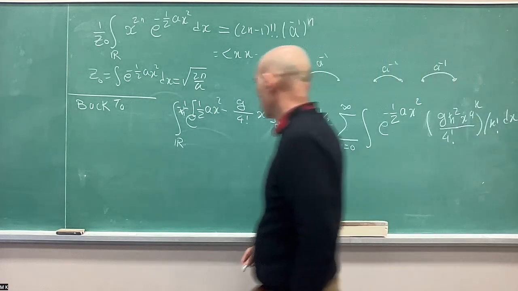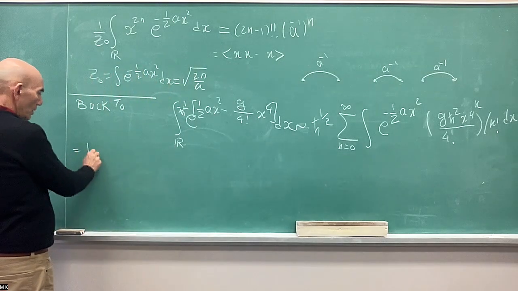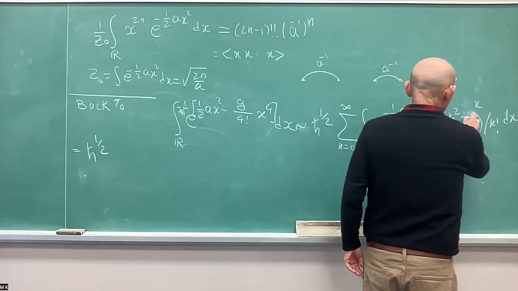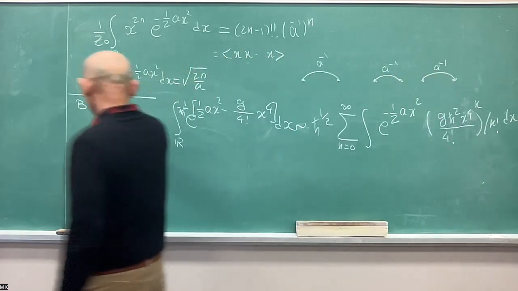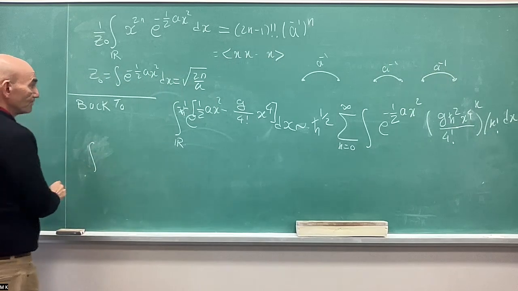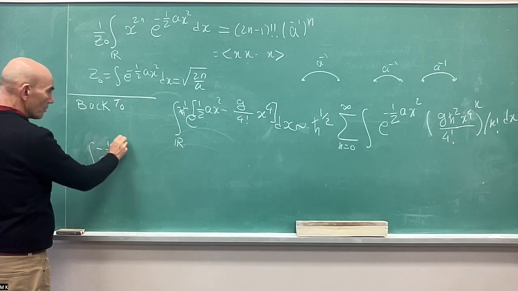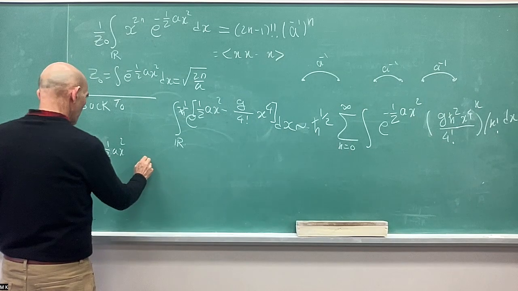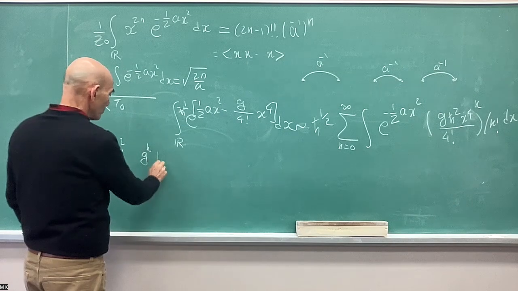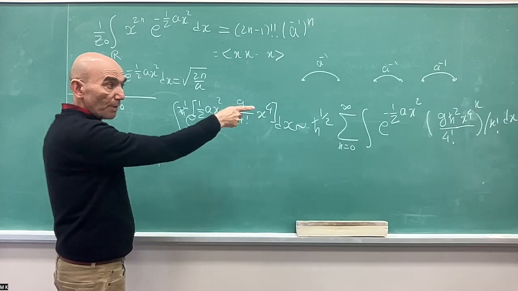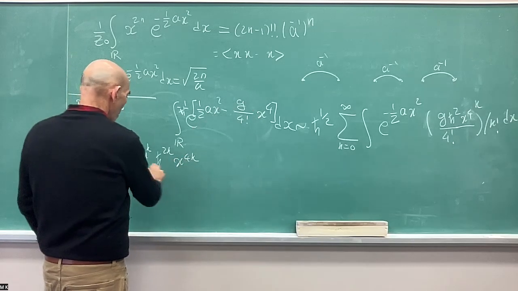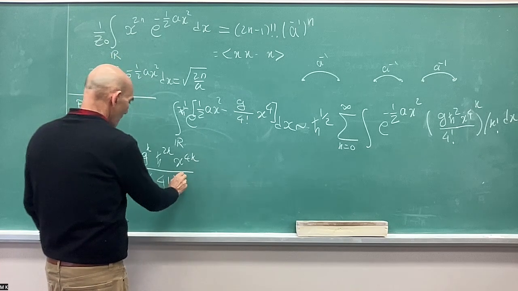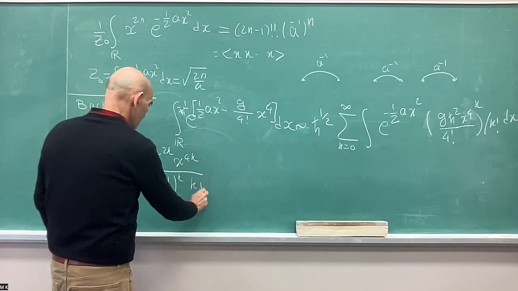Now we can write this as h bar half times, for each individual term, the integral of e to the minus 1/2 x squared times g to the power k, h bar to the power 2k, x to the power 4k, divided by 4 factorial to the power k times k factorial, dx.